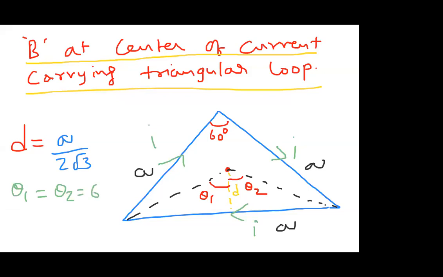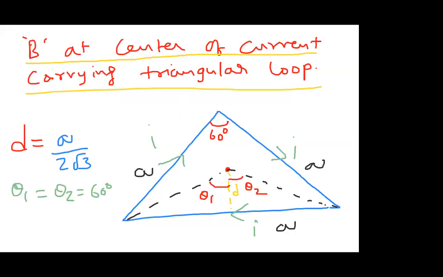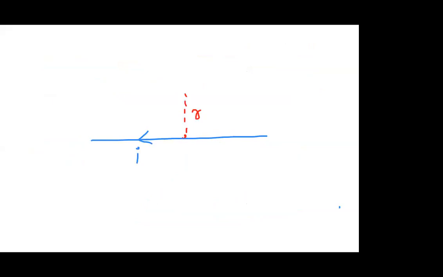60 degrees. Now our target is, actually we are taking only one conductor of the triangle. And from this conductor, the perpendicular distance to the center, let us write here also d only, not R. So this distance is d.